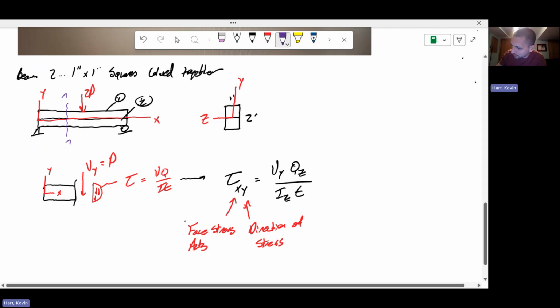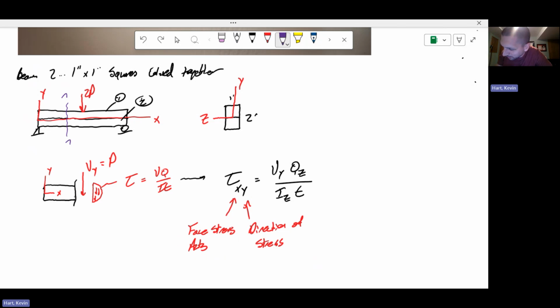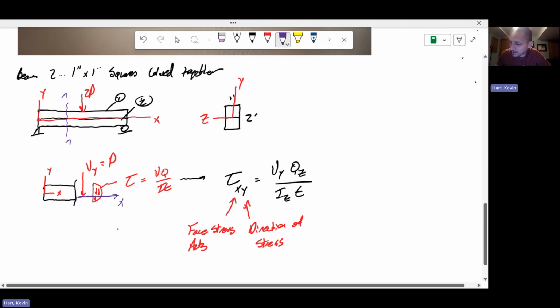So when I say the face the stress acts upon, this first variable, here, this is a shear on the x face in the y direction, tau xy. What I'm looking at is the normal to the surface which we cut. So here is an axis that protrudes from the normal of the surface. This is the x direction, and this is the normal to the surface.